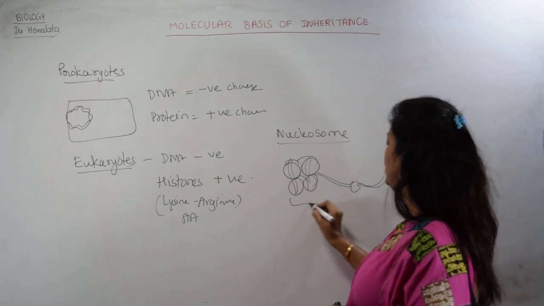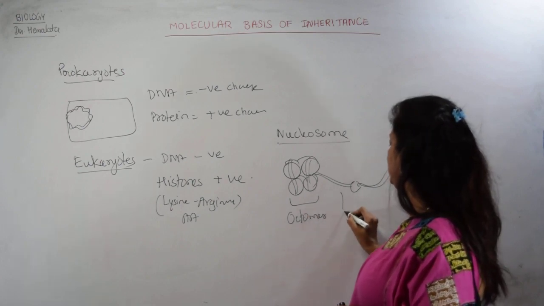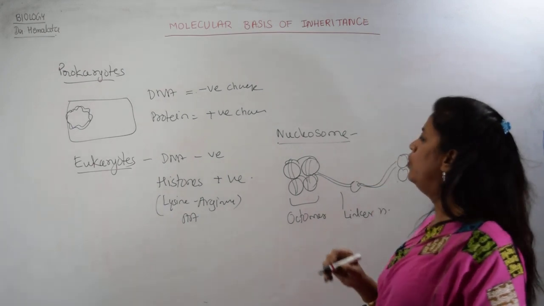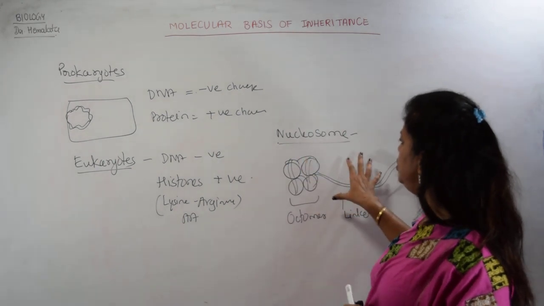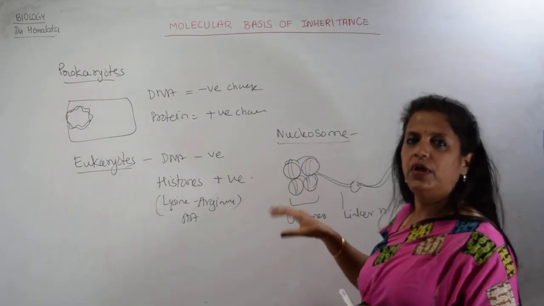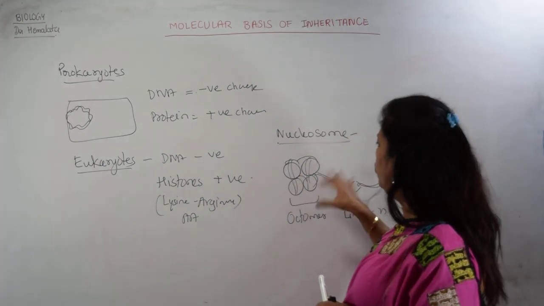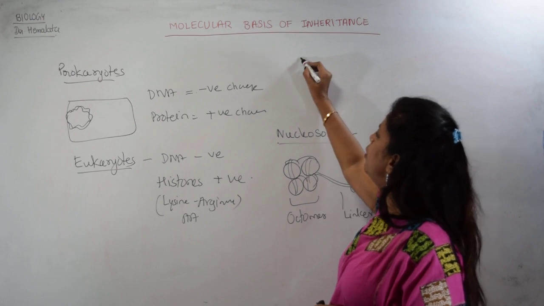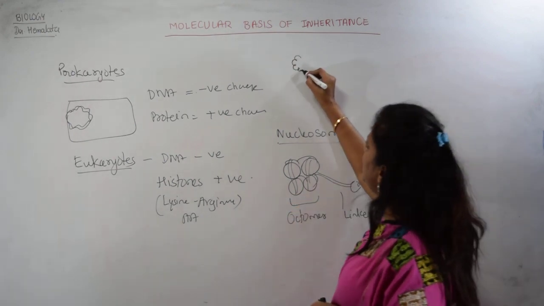So this we call a histone octamer, right? This is the linker DNA. And the total nucleosome is the total structure which consists of all this DNA along with the histone octamer. This is not the only coiling, right? This is the nucleosome. If you think of one chromatin like this, first it coils, but it is further coiled like this.